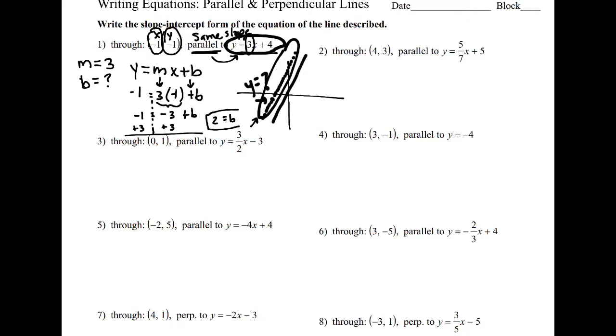So I know my b value is 2. So now, since b equals 2, we know b now. Now I can write the equation, y equals 3x plus 2. So now I know the equation that'll go with that line that'll be parallel to the line they gave us and passing through the point -1, -1.